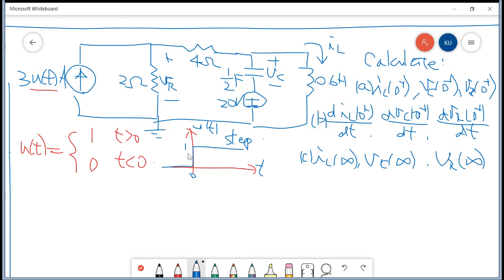So first, for part A, which means that this current source is 0 for t smaller than 0, which means that this path is open.